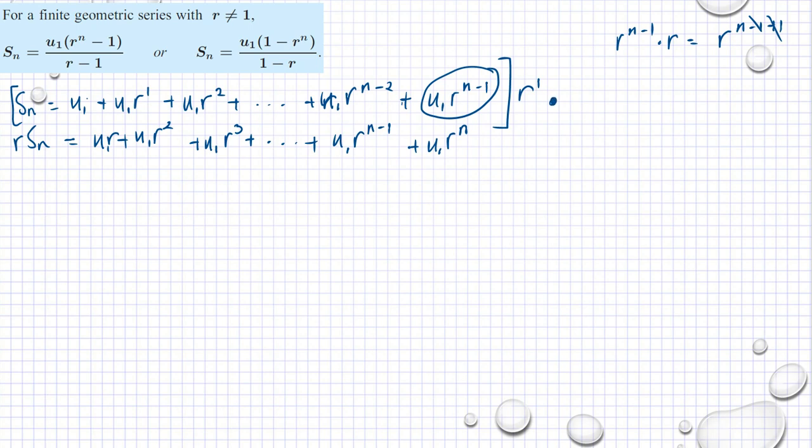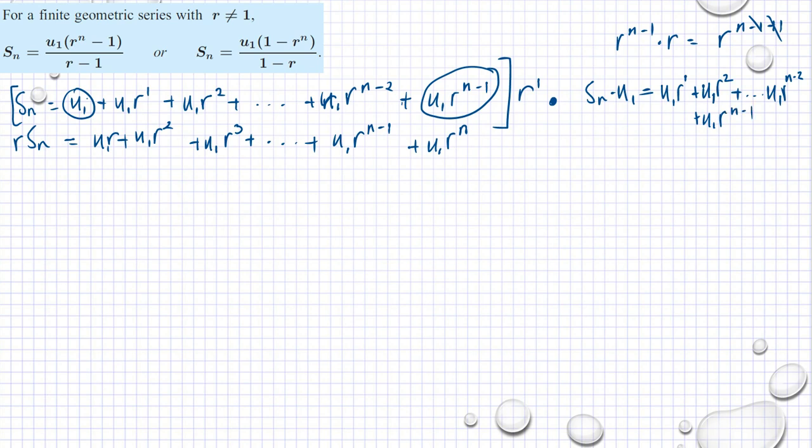Okay. Now, if I'm going to take this s sub n minus u sub 1, if I'm going to subtract both sides of the equation by u sub 1, then I have u sub 1 r plus u sub 1 r raised to 2 plus u sub 1 r raised to n minus 2 plus u sub 1 r raised to n minus 1.